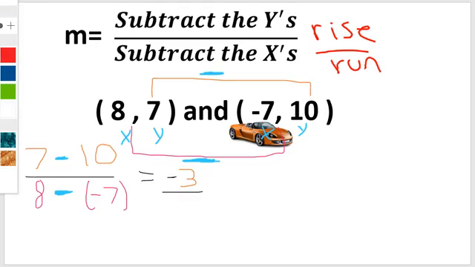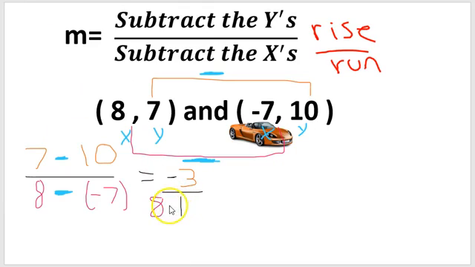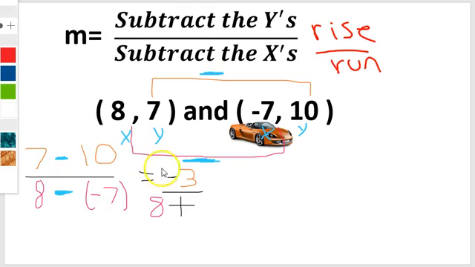Now I look down on the bottom, and I have 8 minus -7. So we have to remember, I've got to turn this into a big plus. Whenever I have that double negative there, it's got to turn into a big plus. I'm going to write my big plus, and that's going to stay a 7.